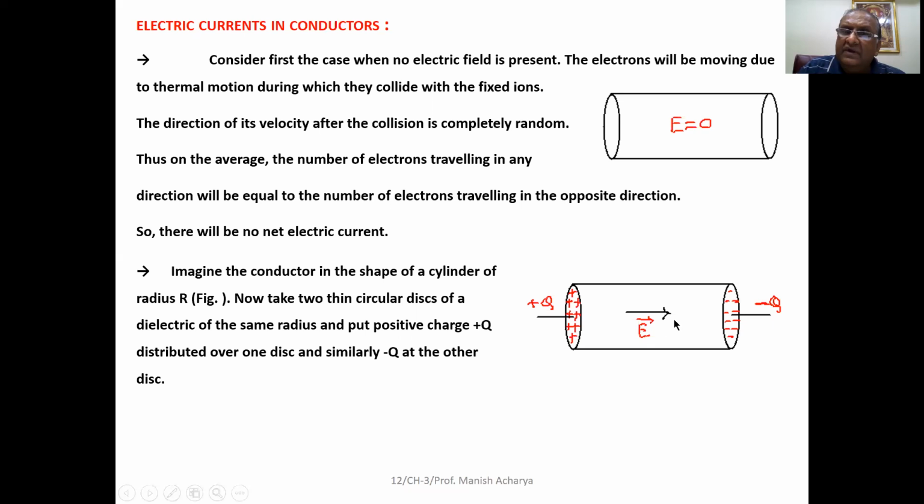So some net flow of electrons will start through any cross section of the conductor in the opposite direction of the electric field. But when these electrons reach the positive plate, they will neutralize the positive charges.